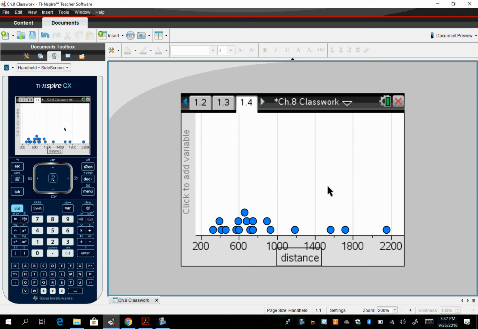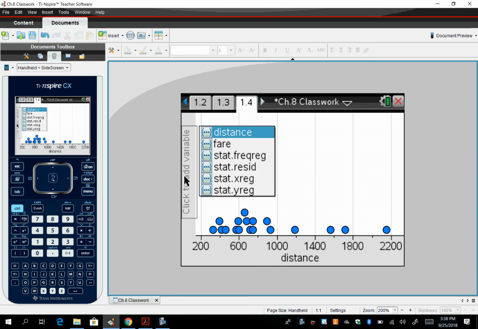Why is there other stuff in there? Because you've told the computer to run a linear regression model. So it's got all this stuff in it now. Okay, so for the response, instead of picking fare, which is what we picked before, we're going to pick stat.resid, R-E-S-I-D. That's your residuals.